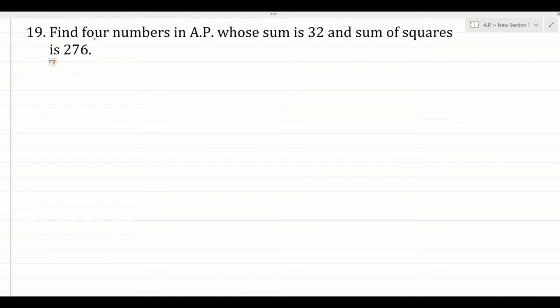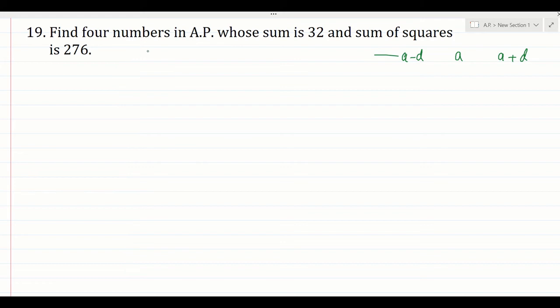Question number 19. Find four numbers in AP whose sum is 32 and sum of squares is 276. Now, till previous numbers, we were given three numbers in AP and we suppose them as a minus d, a and a plus d. But now we are given four numbers in AP.